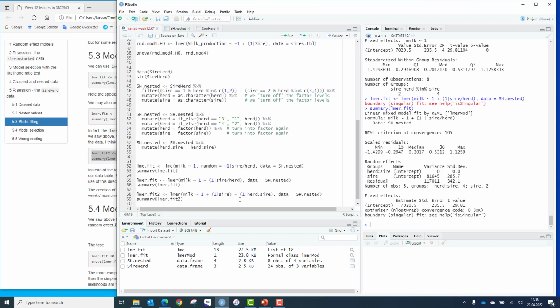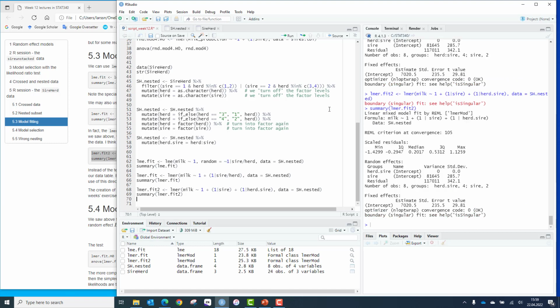And also in the model here, it becomes clear that actually this fits two random effects. First one of sire and the second one of herd, which is nested in sire. I think this is actually better, at least for pedagogical purposes, better than this notation. And it gives exactly the same result. If you don't believe me, you can do it yourself. Actually, in the exercises, you will also need to do things like this.